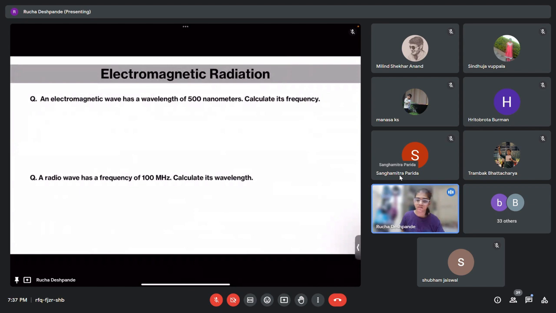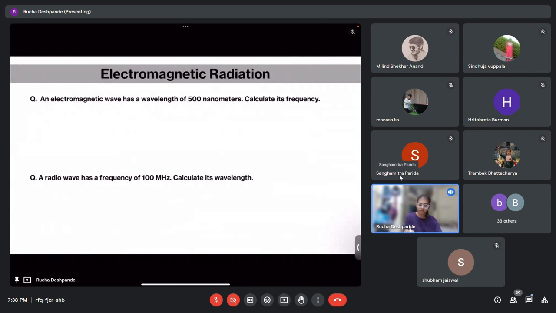Right. So as we know that frequency... the constant here is the speed of light, 3... So here this is the relation between frequency and wavelength, where c is the speed of light, which is equal to 3 into 10 to the power 8 meters per second.